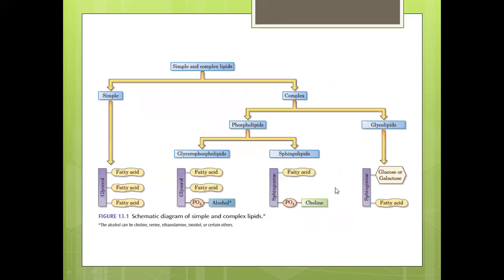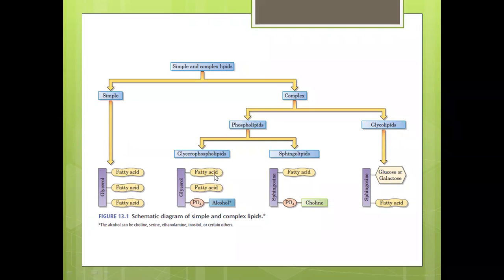And so this is the classification that I have already shown earlier: the phospholipids and the glycolipids. For the phospholipids, again, you have the glycerol, you have your fatty acid, and then you have your phosphate group.